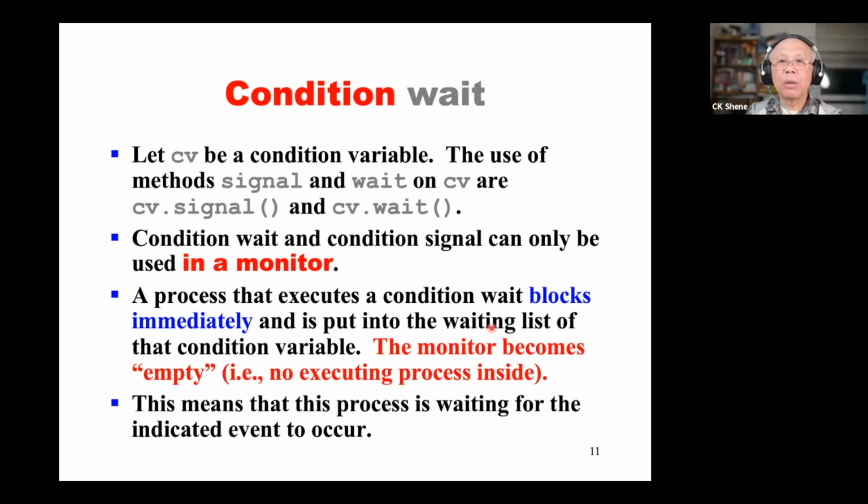Always recall this. This is exactly the same as a critical section. So the key point here is a process executes a condition wait, blocks immediately, and is put into the waiting list of that condition variable. Then the monitor becomes empty. Someone is allowed to get in.